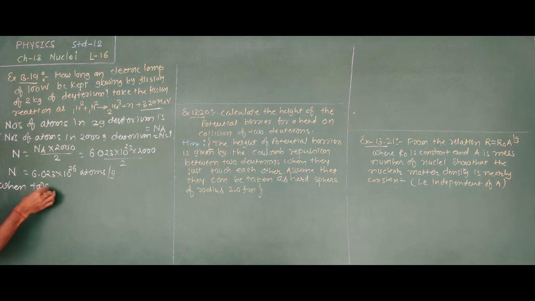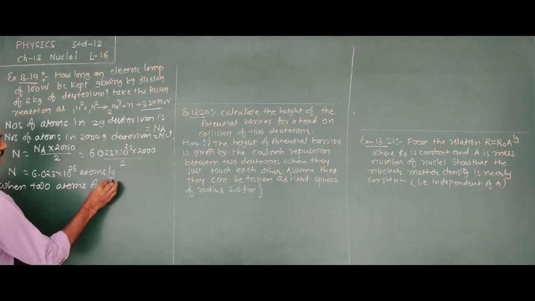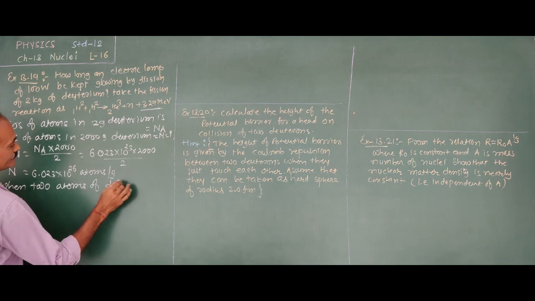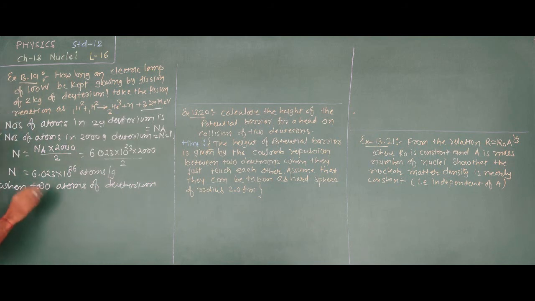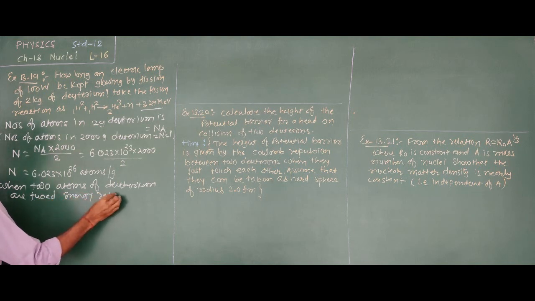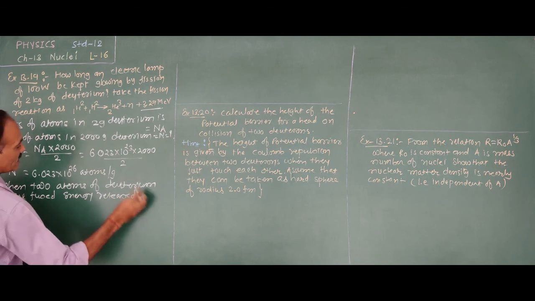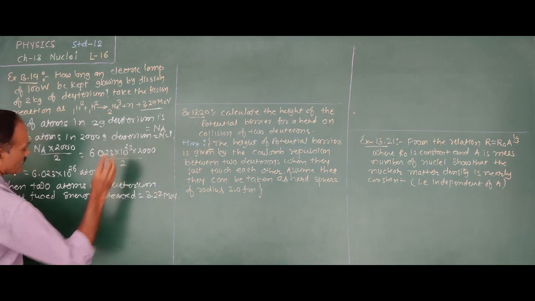When 2 atoms of deuterium are fused, energy released is equal to 3.27 MeV.